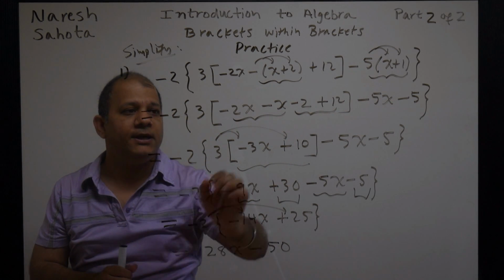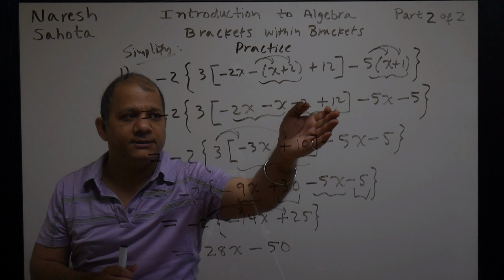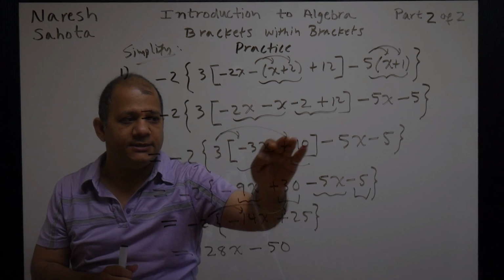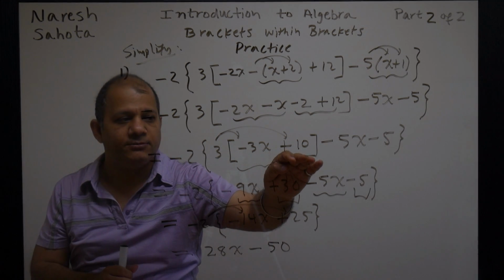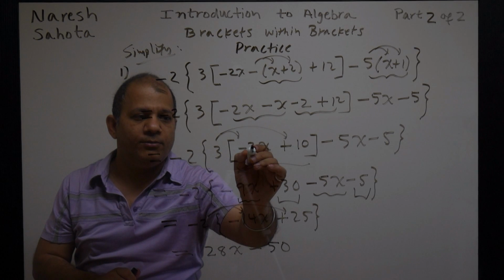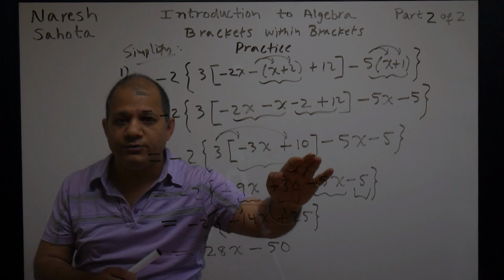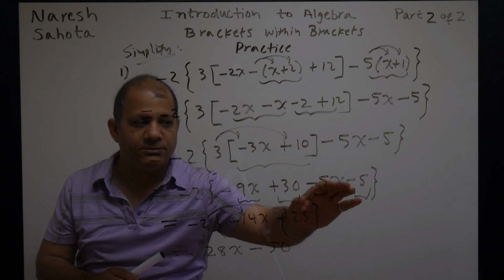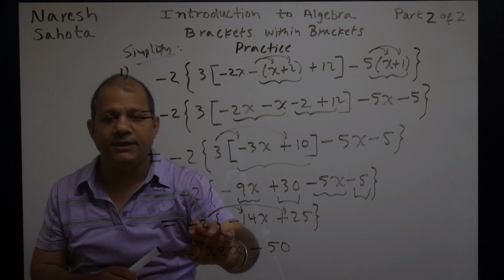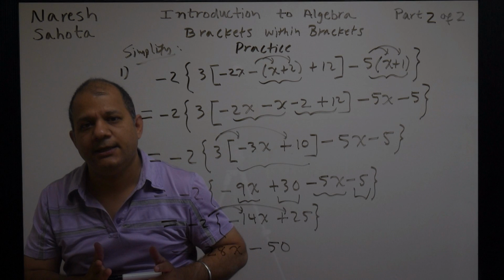We removed them, and we were left with square brackets, and then we collected like terms here, condensing what was inside the square brackets, and then we multiplied the 3 out to remove the square brackets. And then again, once we removed the square brackets, we collected like terms, simplified this, and finally we dealt with the factor of negative 2 to remove the curly brackets.